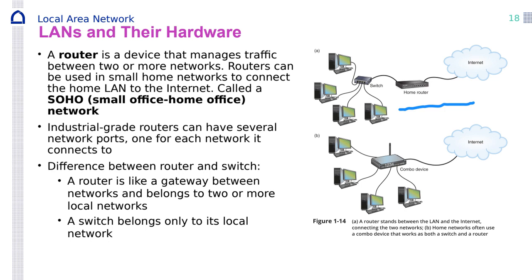Combo device means it's acting like a switch and router together. That's why they call it a combo device. So here, a router can be used in a small home network to connect the home LAN to the internet, because at your home, you don't want to buy a switch and buy a router and configure them all.